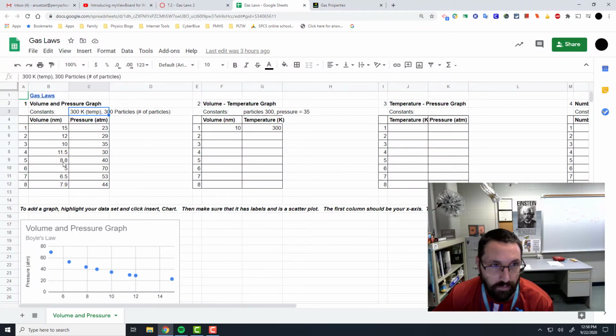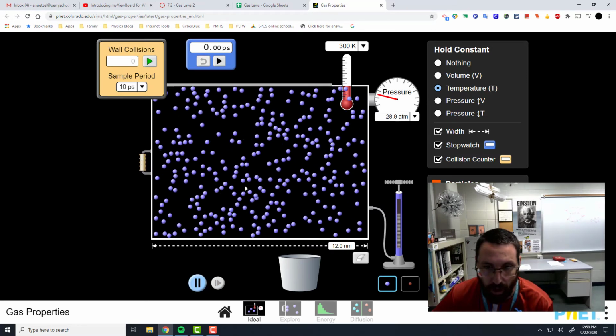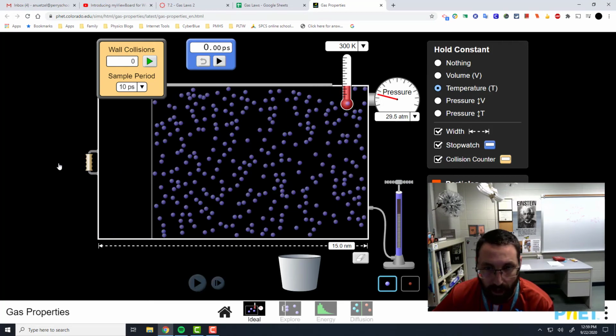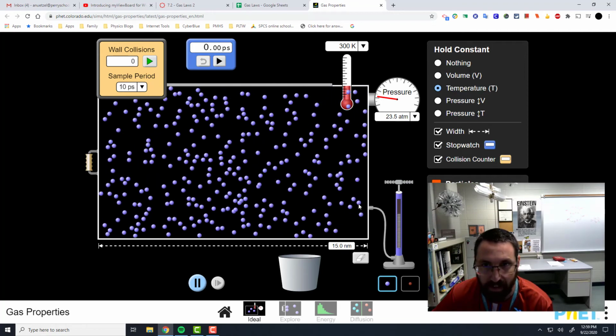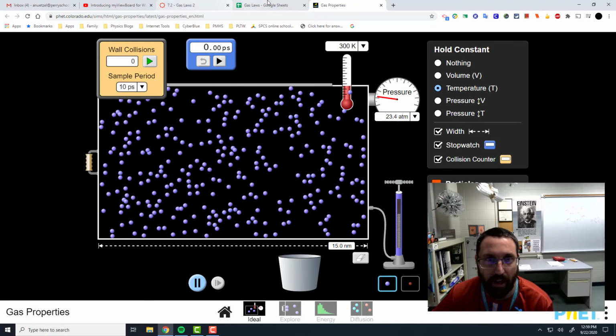So I put in 9 and 39. Or I move it and I put this at 12, and I measure the pressure. So my volume is 12, my pressure is 29. I can move it all the way out to 15, and I can measure that the volume is 15. The pressure is 23.